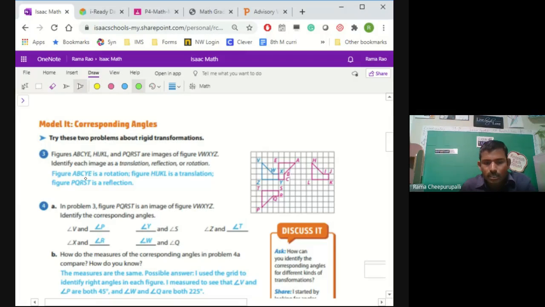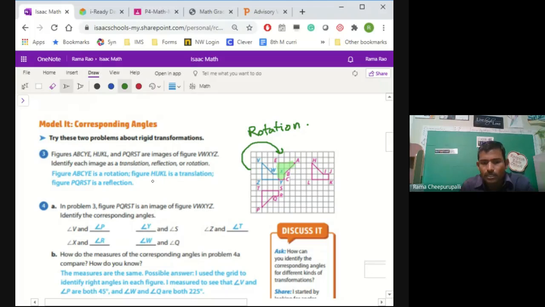So you can see A, B, C, Y, E. This picture right here in the green, I want to highlight that. This one is a rotation because it's turned, right? You see that? From this picture to this picture, it's turned. So that's the rotation. It's called the rotation.